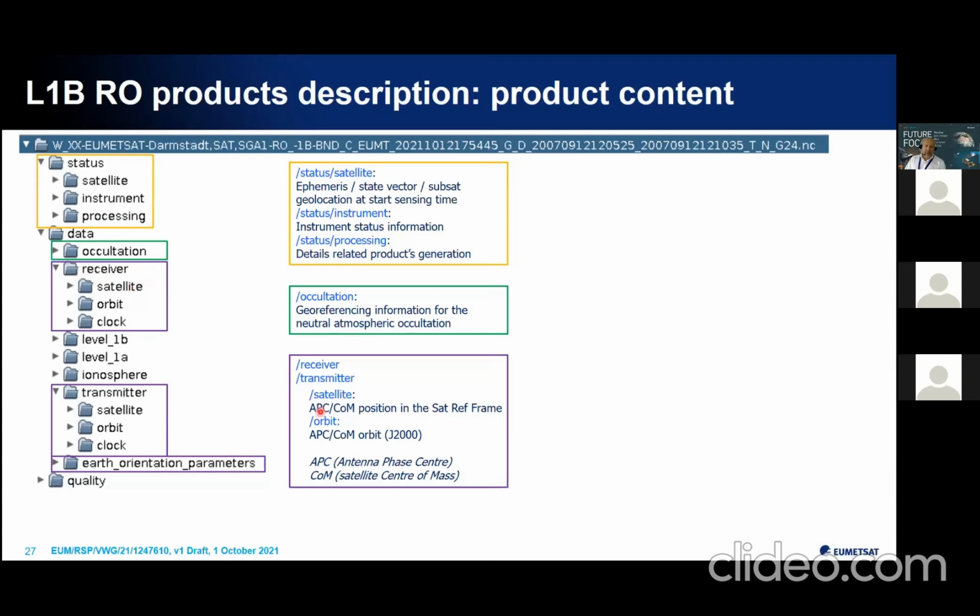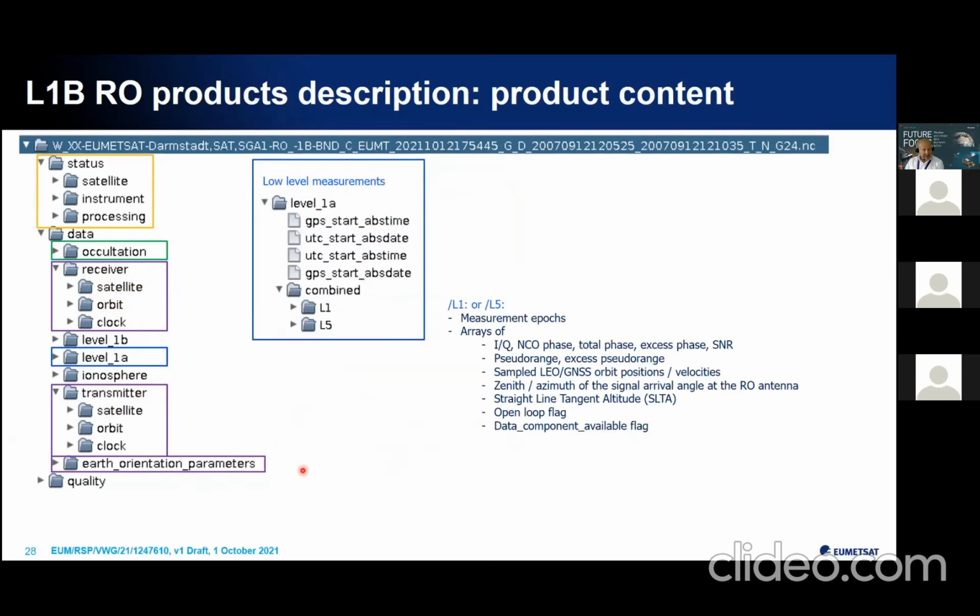For the orbits, we have the antenna face center orbit and the center of mass of the satellite orbit, both in the satellite reference frame, and this information is stored in the satellite subgroup, and in the inertial J2000 frame, and this information is in the orbit subgroup. We have also Earth orientation parameters.